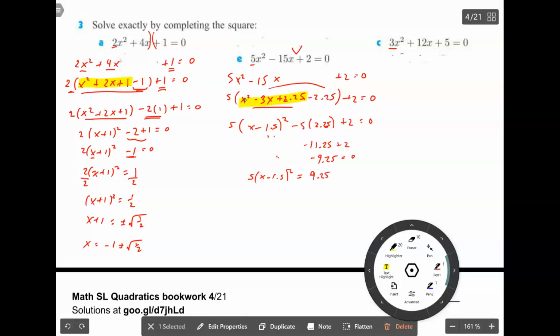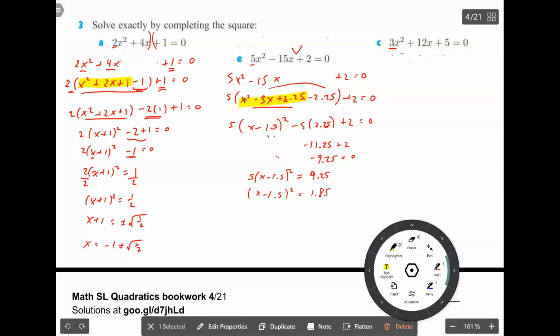Then I'm going to divide both sides by 5. And I'll get something terrible. 9/5 plus 0.05. So that would be 1.8 plus 0.05, which would be 1.85.